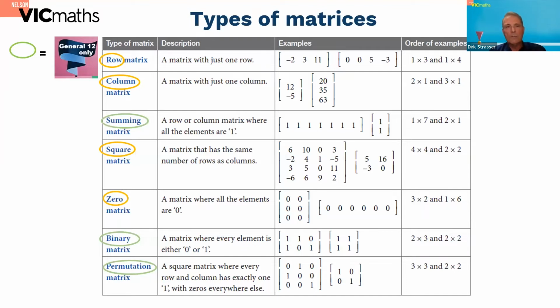We obviously repeat the content in Year 12, but with different questions and examples, but it is essentially the same content. So if I don't say it's General 12 only or make some other specific comment, it's going to be applicable to both Year 11 and Year 12 General. So those green ones that I've circled are Year 12.